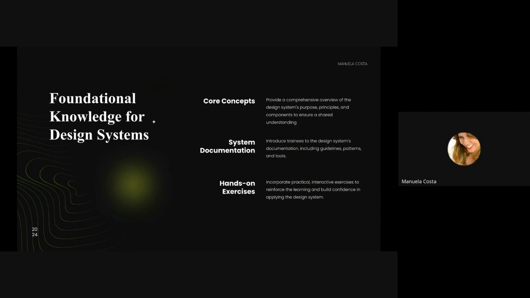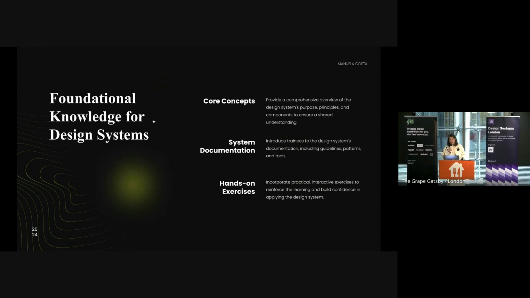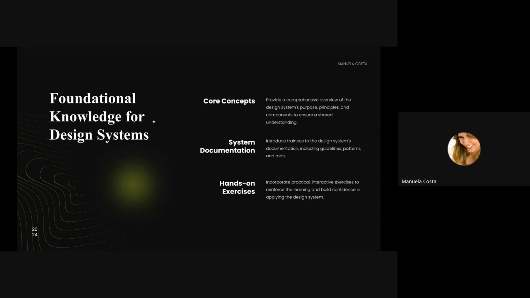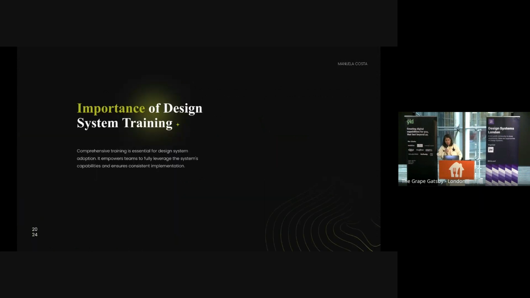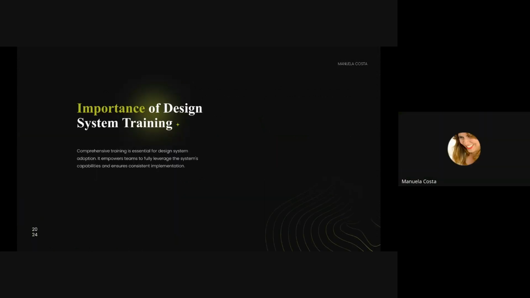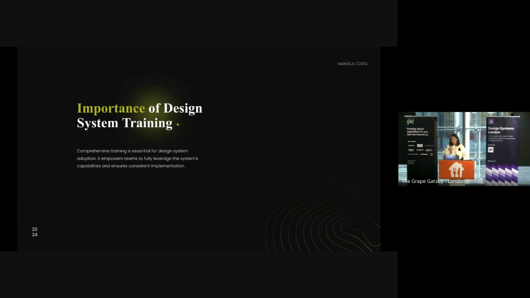Another good strategy is to incorporate a practical and interactive exercise to reinforce the learning and build confidence in applying the design system. We are going to talk a lot about training today. So comprehensive training is crucial for design system adoption. It empowers teams to fully leverage the design system capabilities and ensures consistent implementation.